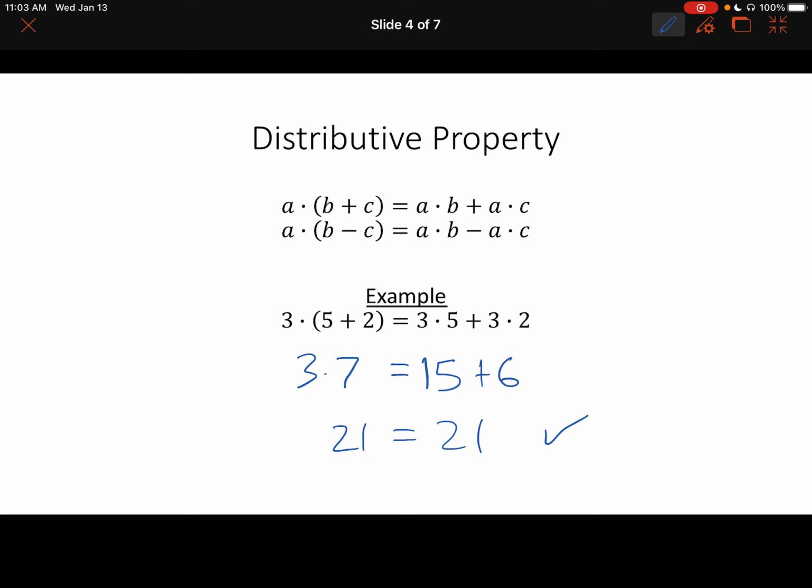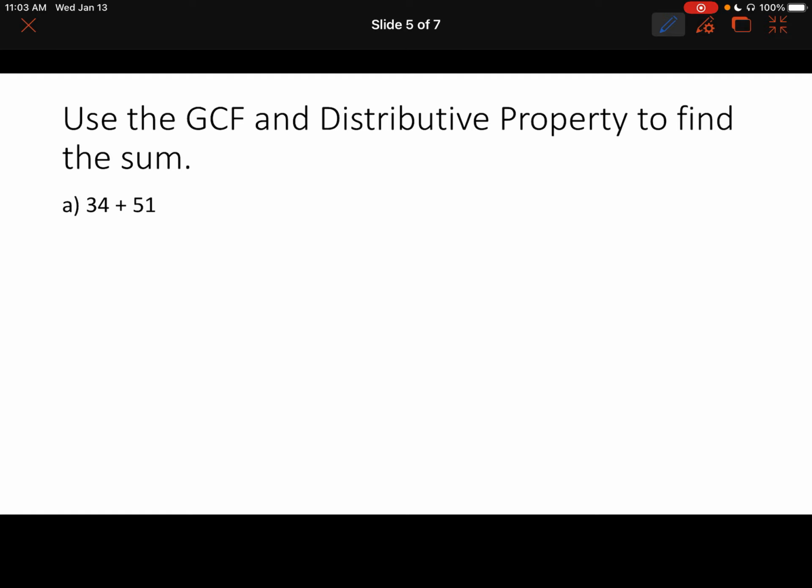So we're going to use the distributive property and the greatest common factor to find the sum of two numbers. Most of you could look at this and say 34 plus 51, yeah, that equals 85. But what we're really trying to do is set up some skills that we can use in the future. So we're using examples that are easy for us to already solve using our existing skills, and that way we can check our work when learning a new skill.